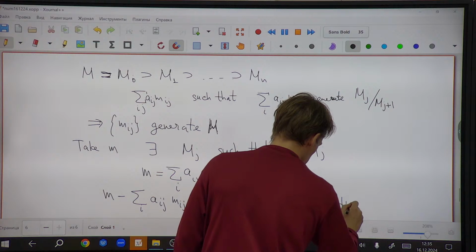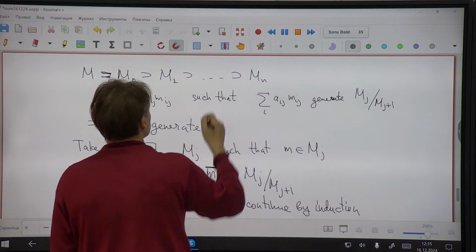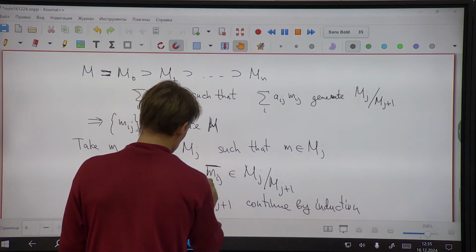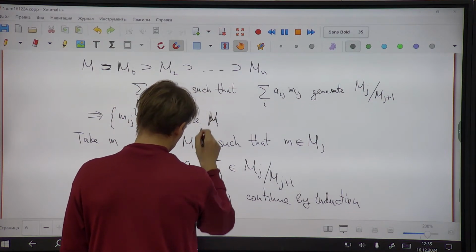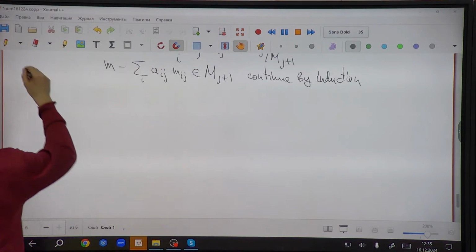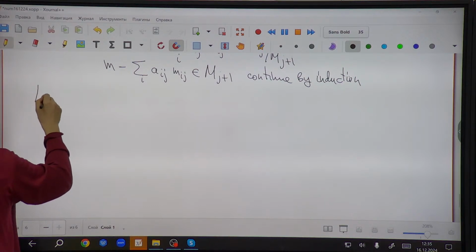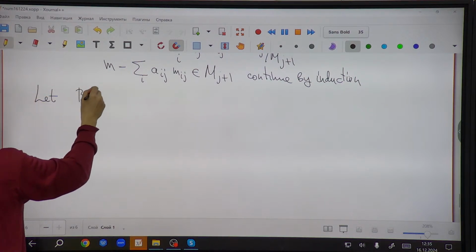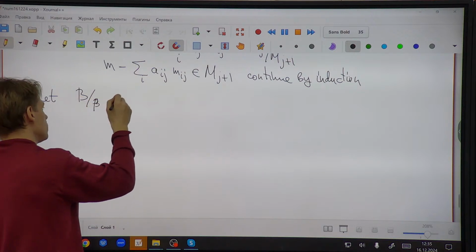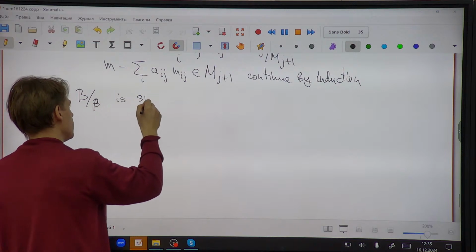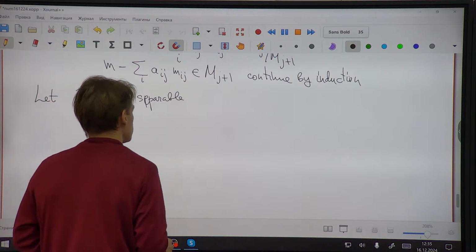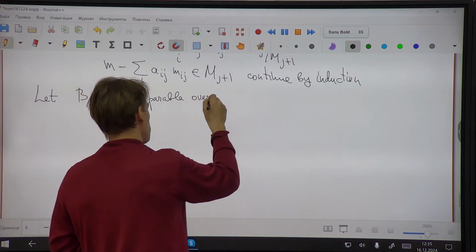And now I shall make two reductions. Suppose that B over beta is separable over A mod p.